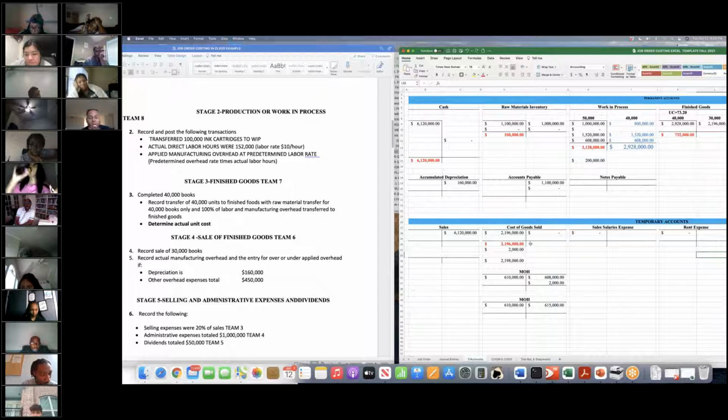So this is the unadjusted cost of goods sold. This is the adjusted cost of goods sold. So you hear unadjusted, and now once we make that adjustment for the over or underapplied overhead, it's adjusted.